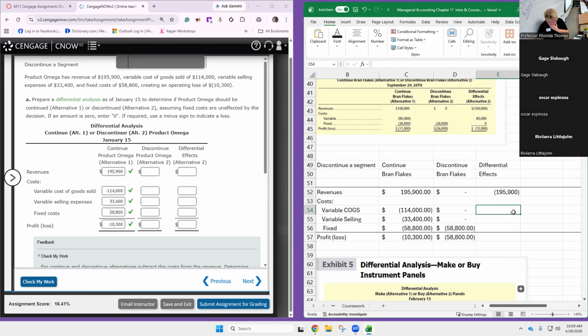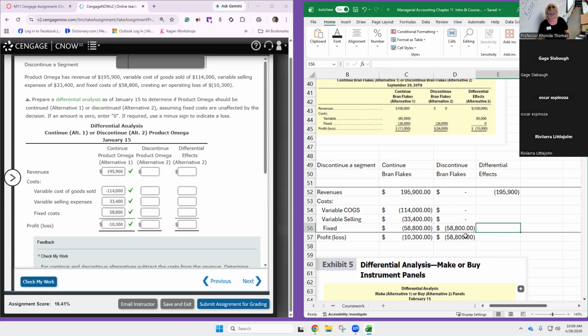Now the thing is, whatever the sign is over here, the opposite sign will go here. So just like getting rid of this revenue, we will also get rid of these variable costs, right? But we won't get rid of what? Fixed. Oh, I'm sorry, there is no difference with fixed.